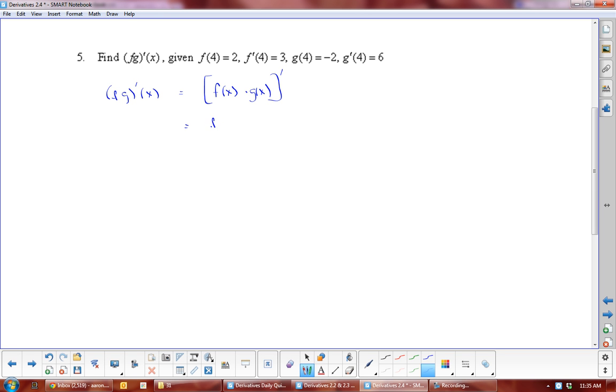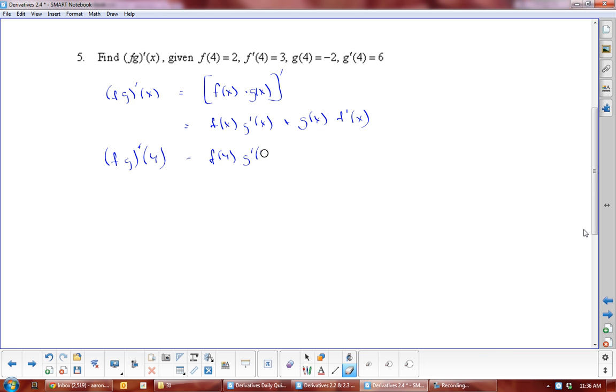So we always know that is the first times the derivative of the second plus the second times the derivative of the first. Okay, so if it wants fg prime of 4, that's the same thing as f of 4 times the derivative of g of 4 plus g of 4 times the derivative of f of 4.